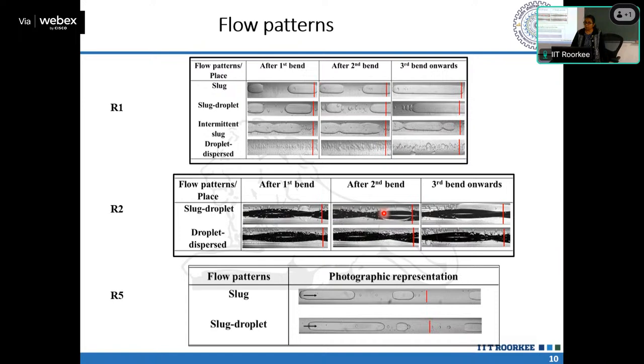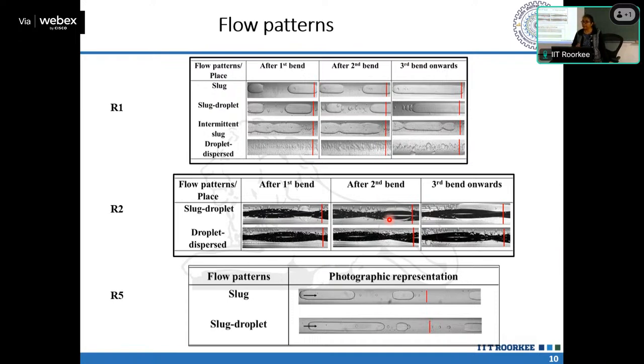If the slug is of smaller size and it is stuck, sometimes with the increase in flow rate of the dispersed phase, it is joined by some other drops or slugs, forming a further long structure. Okay, that is the increase of inertia for the dispersed phase.